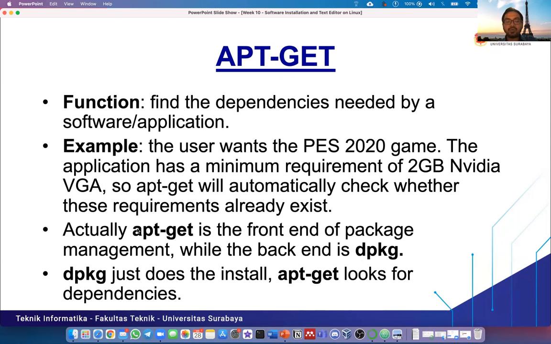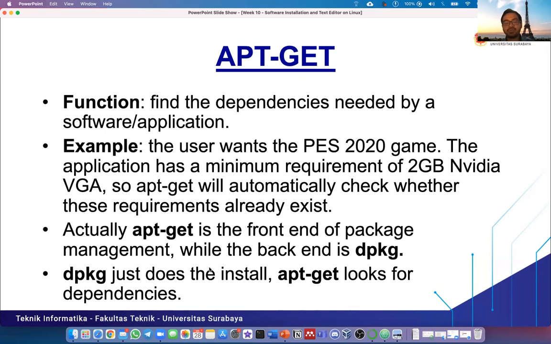If you type apt-get to install the application, dpkg is also a sub command of apt-get. So when you type apt-get, the terminal also executes dpkg. dpkg just does the install, and apt-get looks for dependencies.